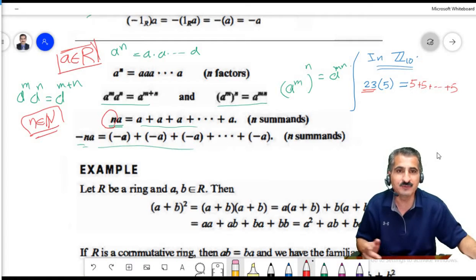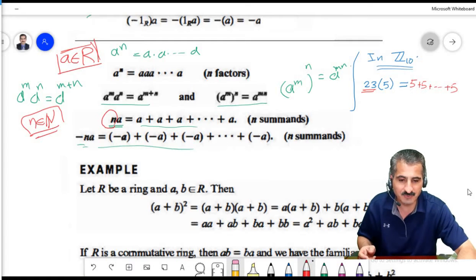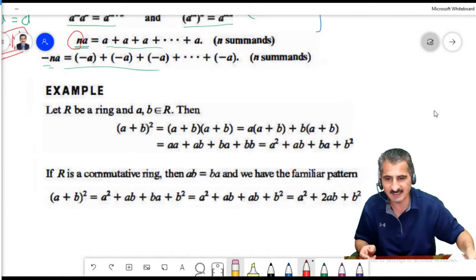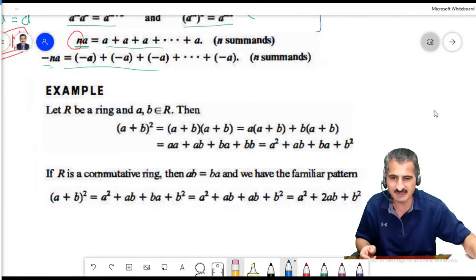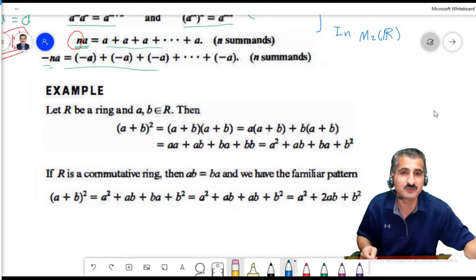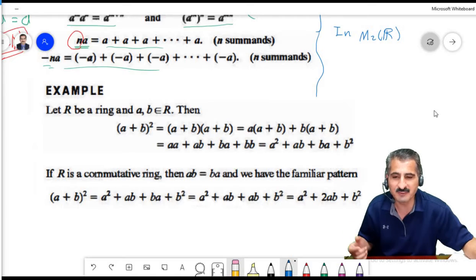Same thing if we go to matrices, and you are already used to seeing that in matrices. If we work in M2 of real matrices, 2 by 2 matrices with real entries, then you will have no problem seeing 7 multiplied by the matrix -1, 3, 4, and 12.